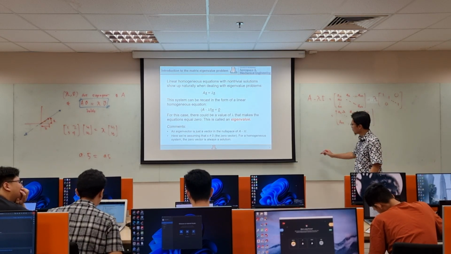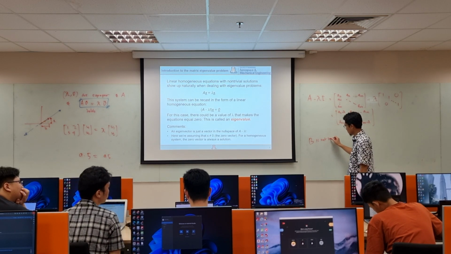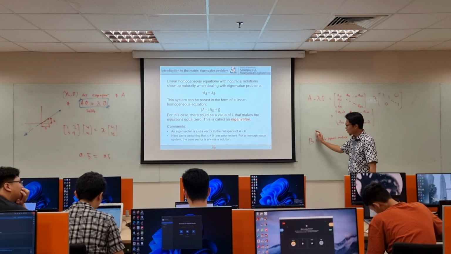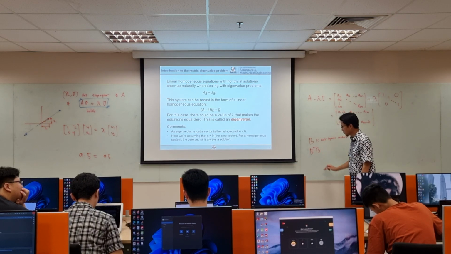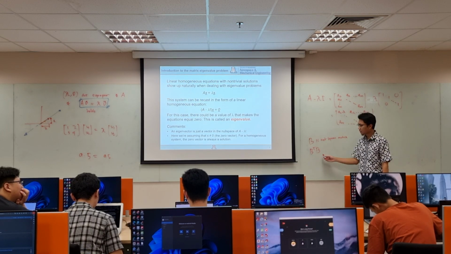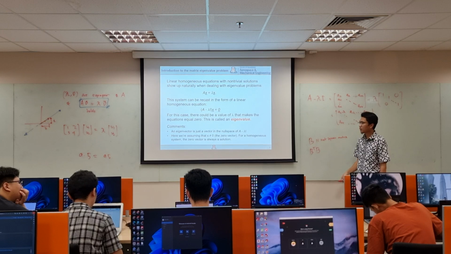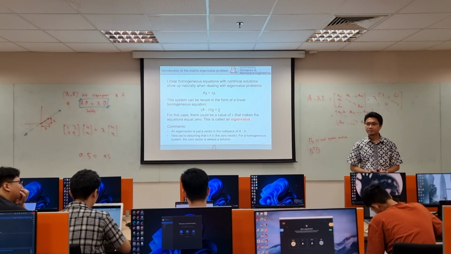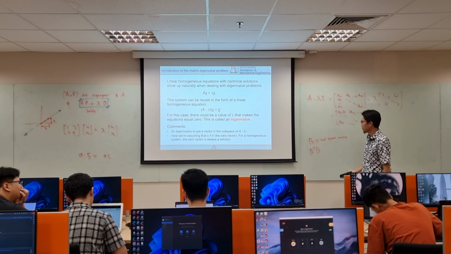So let's say B is not a square matrix. What you will find instead is a singular value for B transpose times B. This matrix will be square. Then you find its singular value, not eigenvalue. So eigenvalue is only for square matrix.